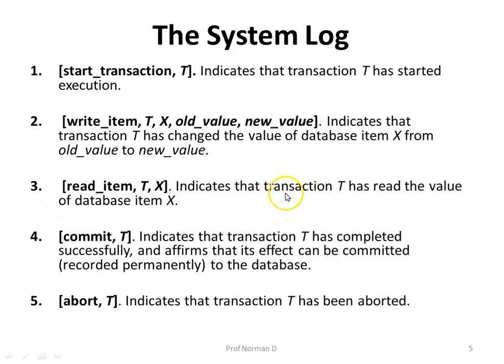This record indicates that the transaction T has read the value of database item X. Commit T indicates that the transaction T has completed successfully and affirms that its effect can be committed or permanently recorded in the database. And the last record is abort. This record indicates that the transaction T has been aborted.